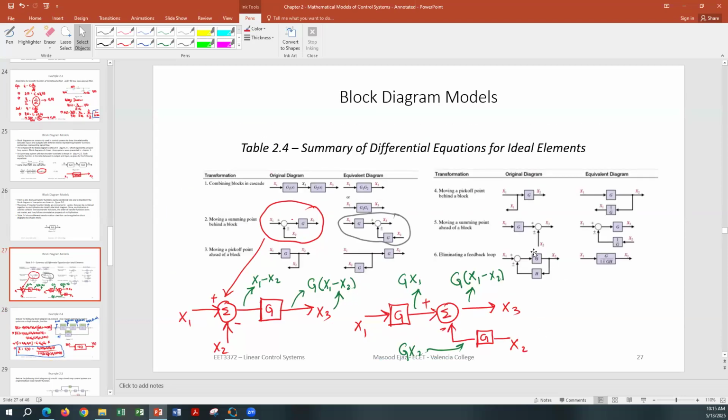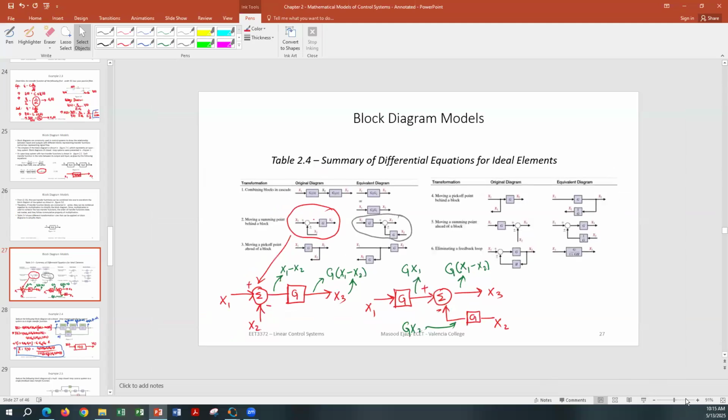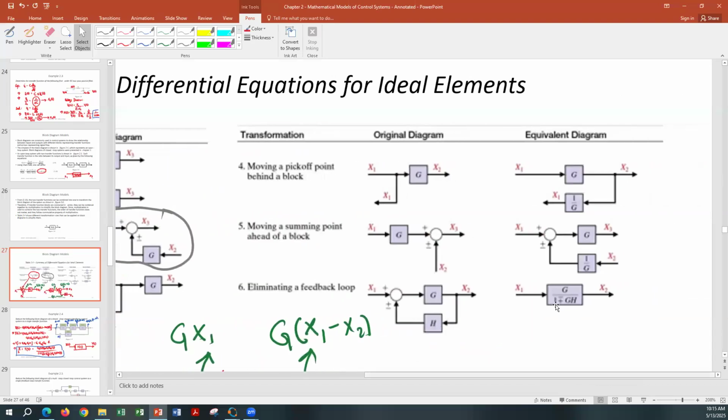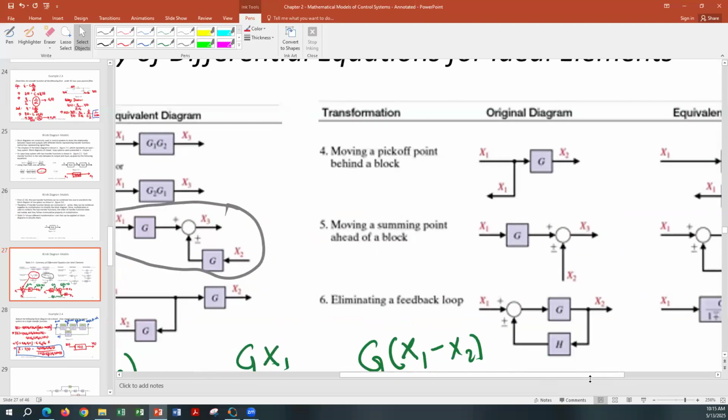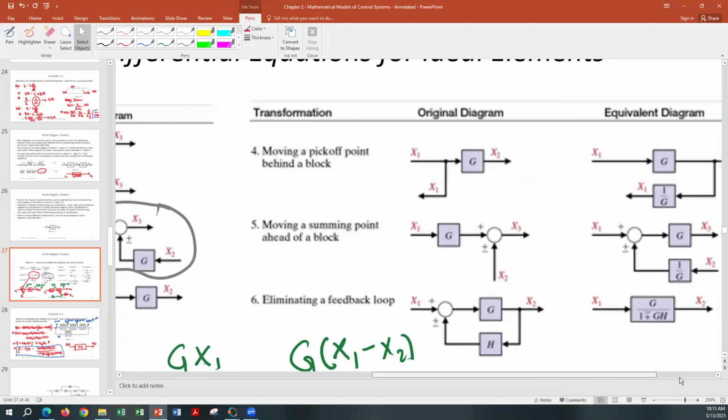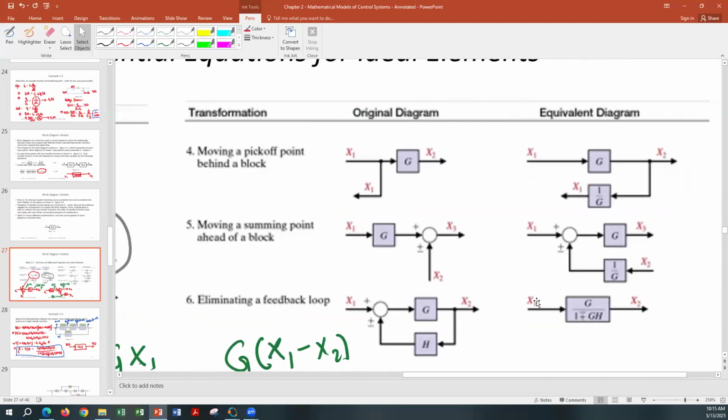And then if you go to the 6th one, you have 1 block in the forward path and 1 block in the feedback path. If you combine these 2, then, it's hard to see over here, so small. Let me increase it. So observe, what do we have? X1 is the input, X2 is the output, and your transfer function is G over 1 minus plus GH.